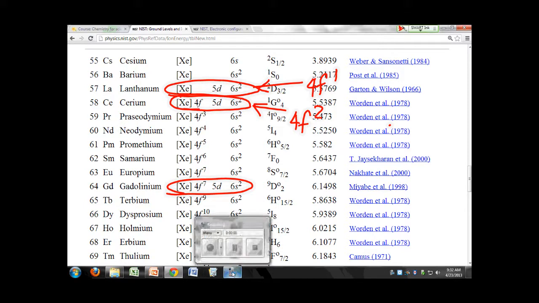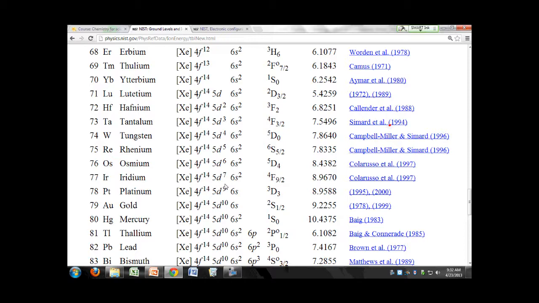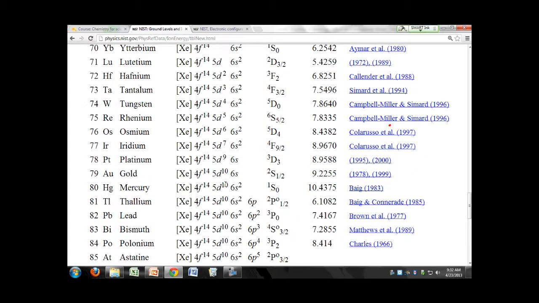Okay, so let's see, what else do we see? What other exceptions can we find? That's gadolinium. And here in tungsten, look at tungsten here. It's 4F14, but look at 5D4 6S2. This one, there is no shifting from the 6S to the 5D.